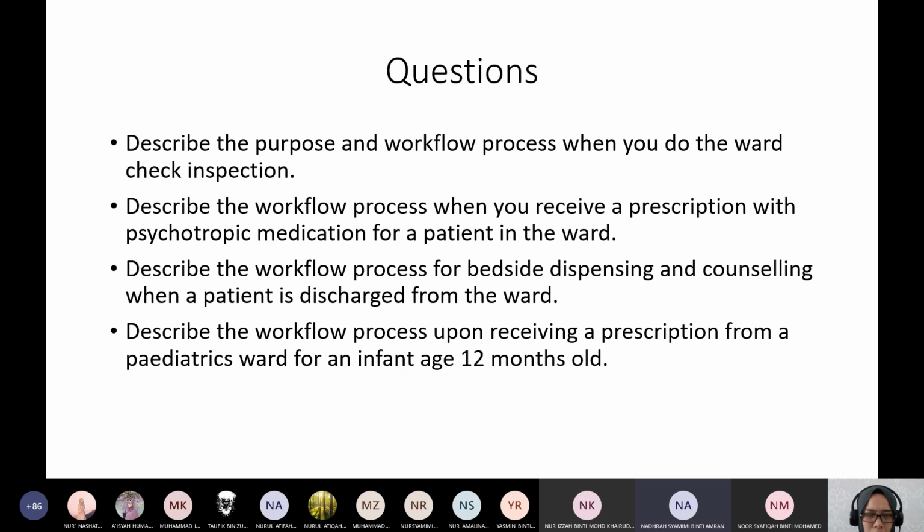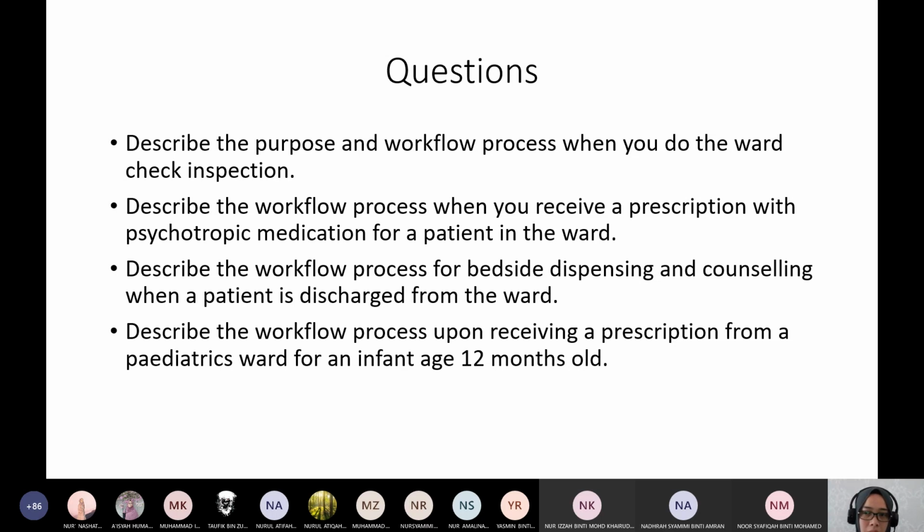Usually BSA is for certain medications only, and usually body weight is used. For very small babies, like 3 months old, some of the medications need to use BSA, but generally if older babies like 12 months old, we use weight.